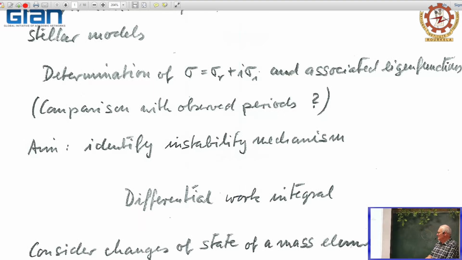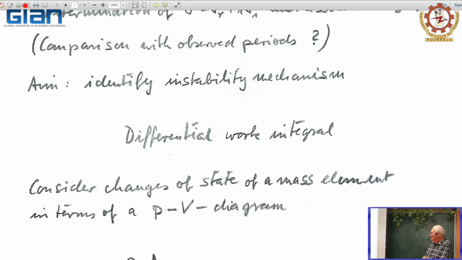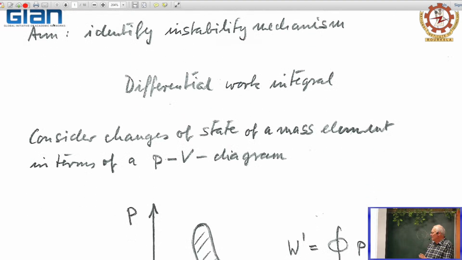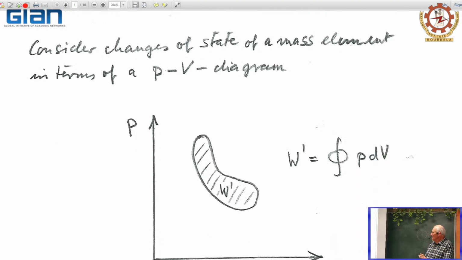Okay, so once we're talking about transfer of heat energy into mechanical energy, we have to go back to thermodynamics, and we consider the changes of state of a mass element in a pressure volume diagram. Take a mass element within our star.